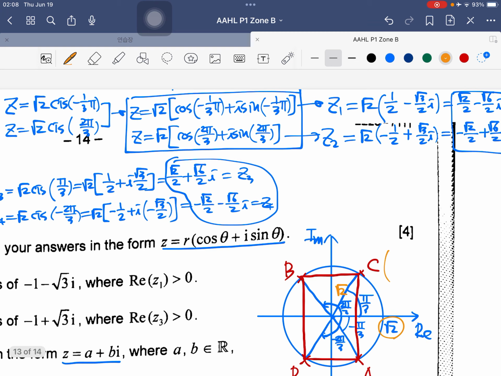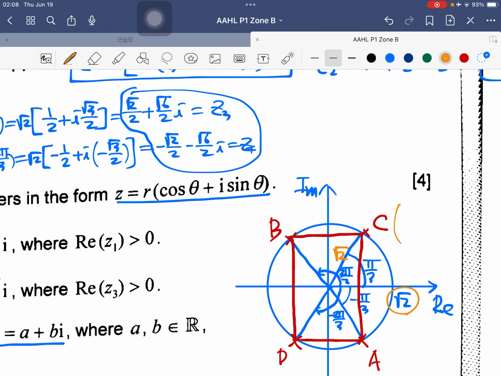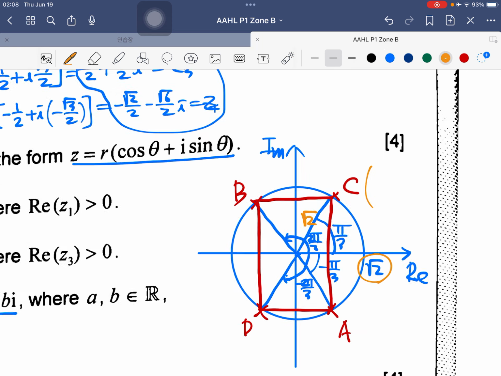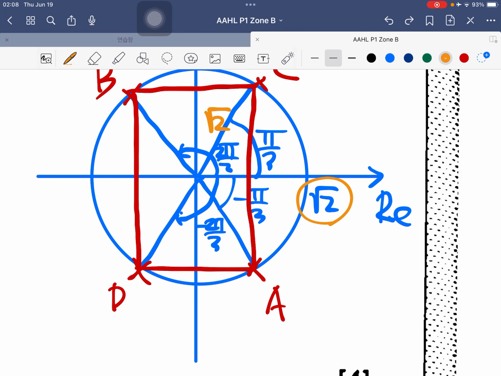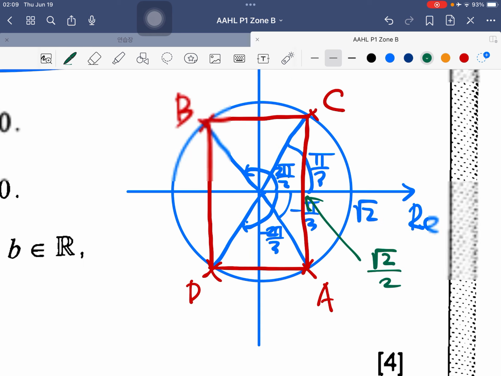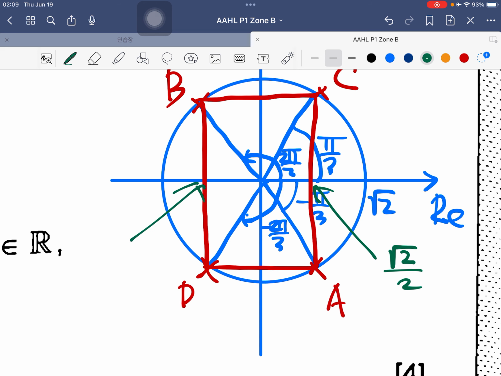So at point C, let's look at the coordinates. The x coordinate of point C, the real part, is square root of 2 over 2. And this x coordinate over here is minus square root of 2 over 2.